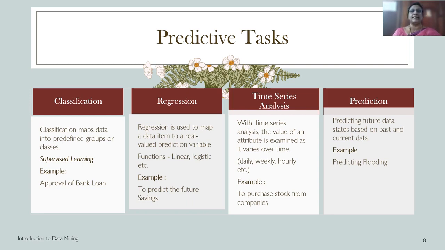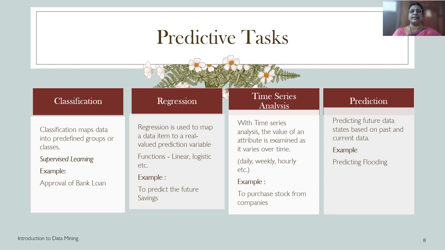The third one is time series analysis. With time series analysis, the value of an attribute is examined as it varies over time. That is, it is possible for us to make weekly, daily, monthly, or yearly analysis. For example, to purchase a stock in the stock market, people make a monthly, weekly, or yearly analysis, and only then will they invest money in that particular share.